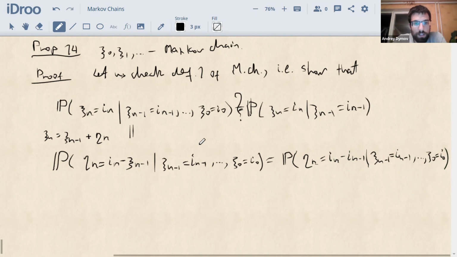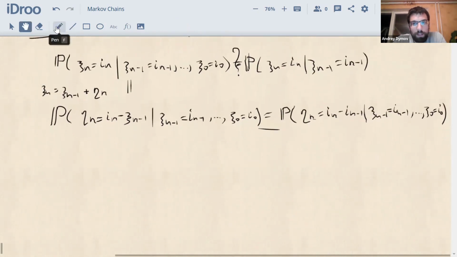Intuitively, it's clear what is written, because I take the conditional probability, conditioning that xi_{n-1} equals i_{n-1}. This means that xi_{n-1} must be equal to i_{n-1}, and then I replace it by i_{n-1}. But mathematically, maybe this is not so clear. If it is not clear for you, then just spend 5 or 10 or 15 minutes to understand why this is true. This directly follows from the definition of the conditional probability.